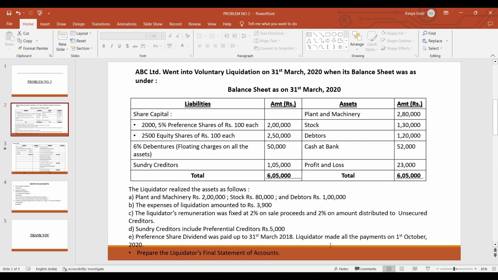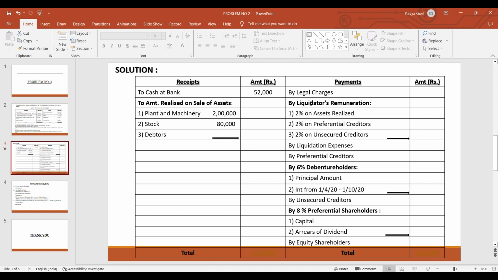And debtors was realized for 1 lakh. Okay. Now we have to total these. So the total of the amount realized on the sale of assets is 3 lakhs 80,000. You can see. Okay. So the receipt side is only this much.